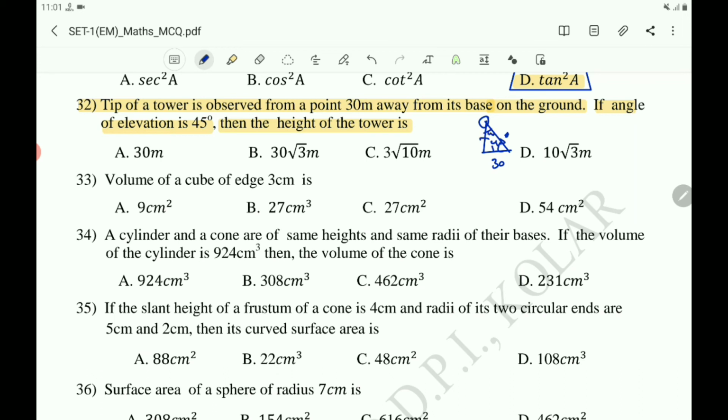These two are equal and this must equal 30 meter. You got an isosceles right angle triangle. When you get one angle as 45 degree in a right angle triangle, the other also becomes 45 and it becomes an isosceles triangle. As this is 30, this is also 30. So the height of the tower is 30 meter.